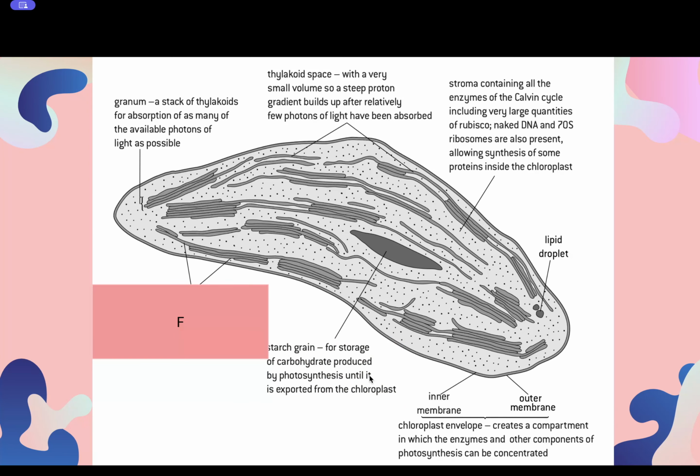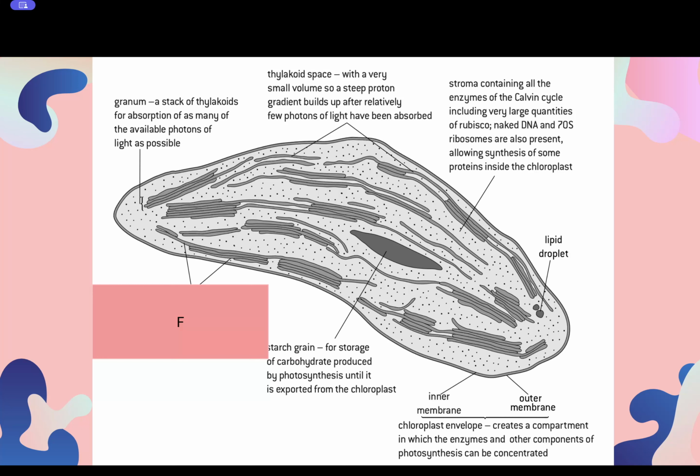E is a starch grain, which is created for storage of carbohydrates by photosynthesis until it's exported from the chloroplast. So when photosynthesis happens and carbohydrates are created within the chloroplast, we will talk about this during the Calvin cycle also, a lot of the triose phosphate can link together to make glucose, and then all the glucose can link together within the chloroplast to make starch.